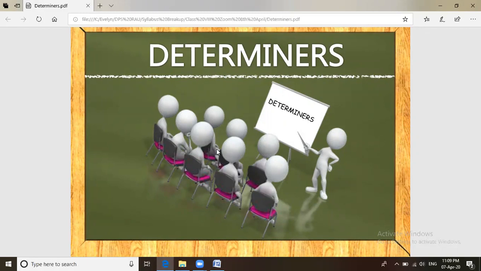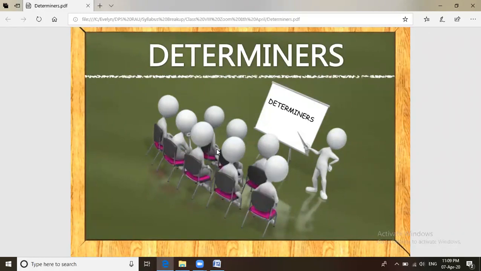For example, she is a clever girl. In the sentence, if I remove the adjective clever, the sentence would be she is a girl, which is also a correct sentence, a complete sentence. But if I remove a, she is clever girl, then the sentence would be incomplete.